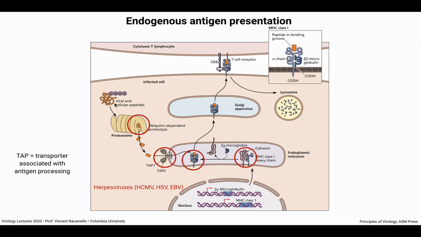Some of these viral proteins are put through the proteasome. They're ubiquitinated, and they go through this garbage grinder, really, which chops it up into peptides, those orange blocks, which are eventually going to be in MHC1 on the cell surface. But to get there, they first have to be imported into the endoplasmic reticulum by this transporter called TAP1 and TAP2.